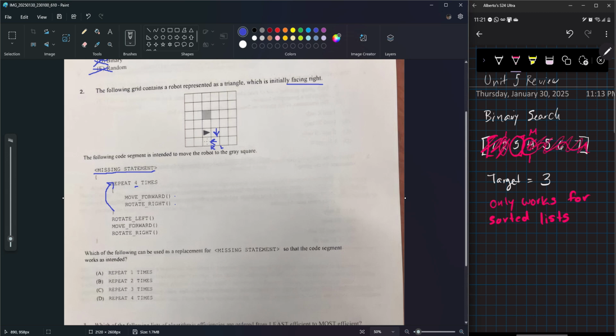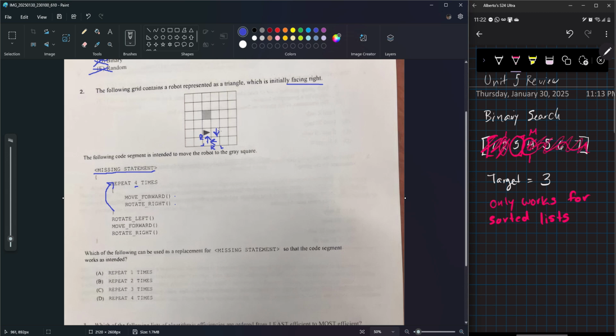Move forward, so it moves here, and then rotate right. That's an R. So it's gonna point up now, right?